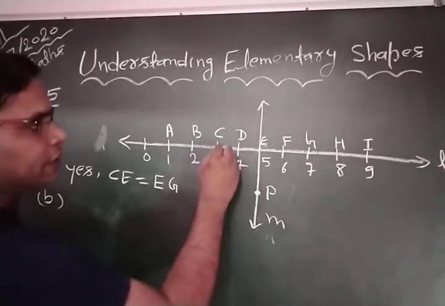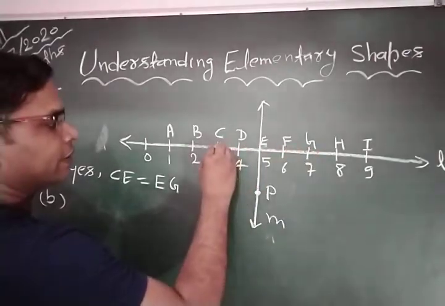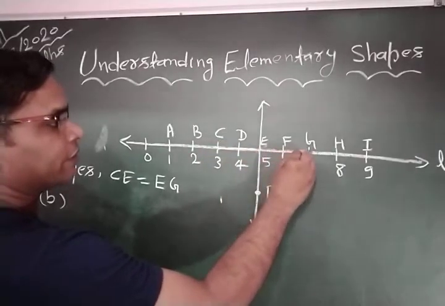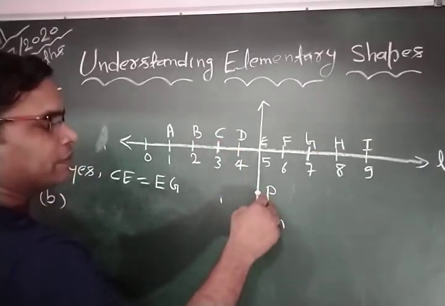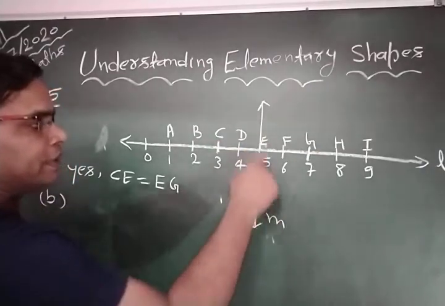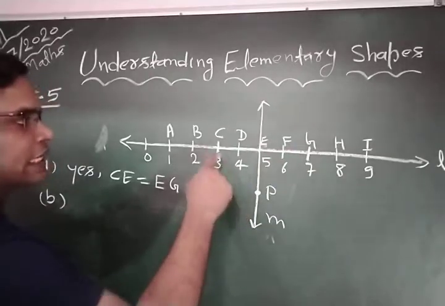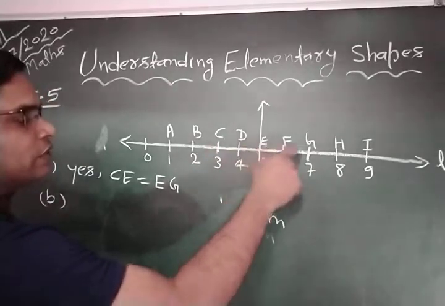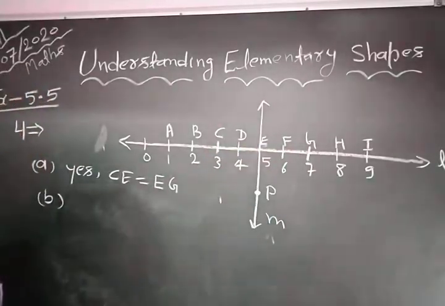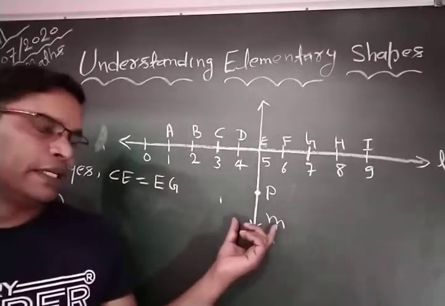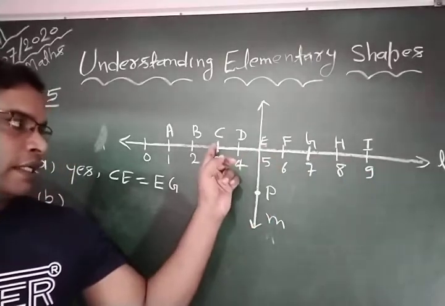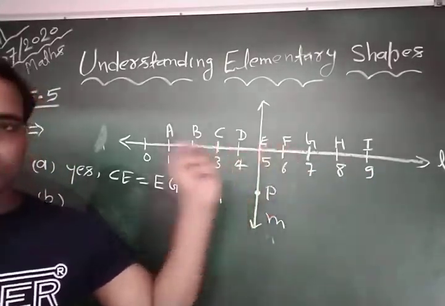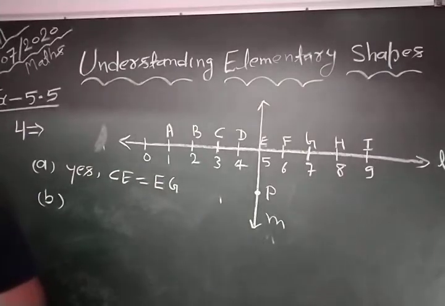CG here, C and G, this line segment. We are talking about line segment CG. PE bisects CG because CE is equal to EG. And it is given that line M is perpendicular to line L. So we can say PE bisects CG.